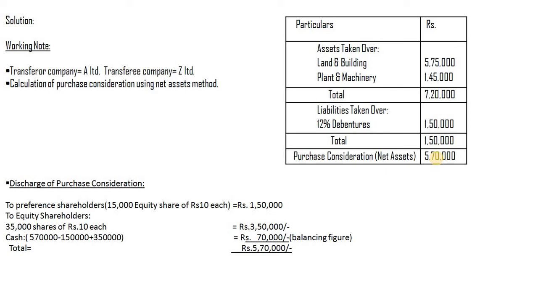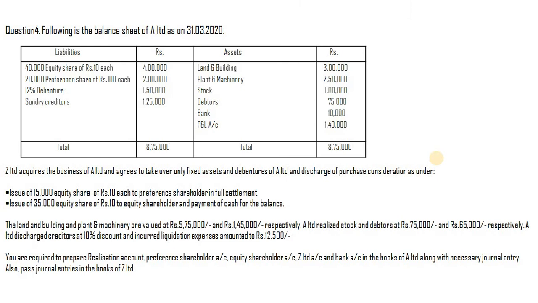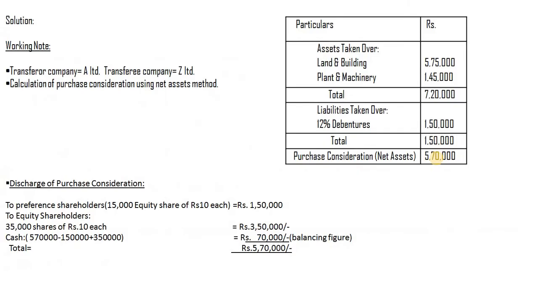Okay, it means Jet Limited will give 5,70,000 as purchase consideration to A Limited. Right? This much is clear, I guess. Purchase consideration using net asset method. So we have to solve in this manner. So our purchase consideration is 5,70,000.